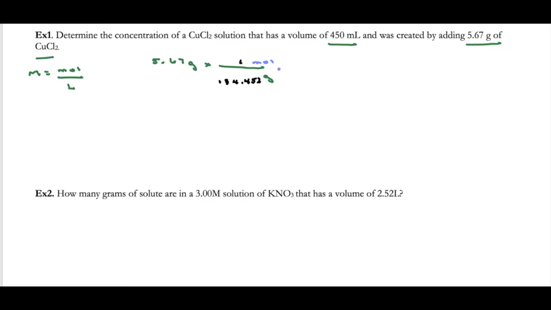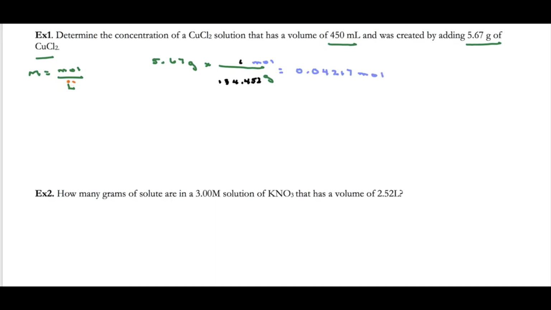Okay? And so I'm going to take 5.67 and I'm going to divide it by that molar mass, and the value I get, I'm going to round it when I write it here, but I'm going to keep it unrounded in my calculator, is this. Okay? So I now know my number of moles.